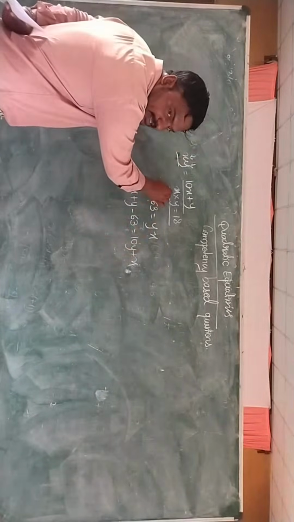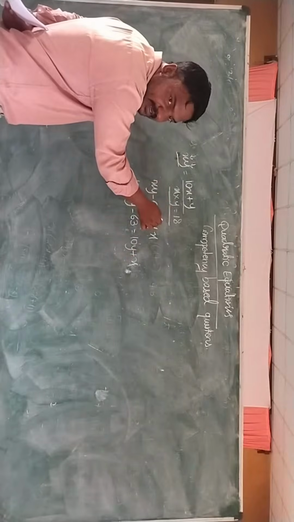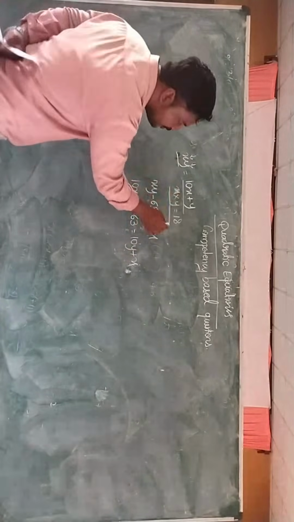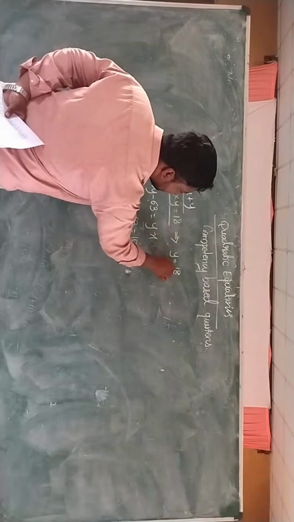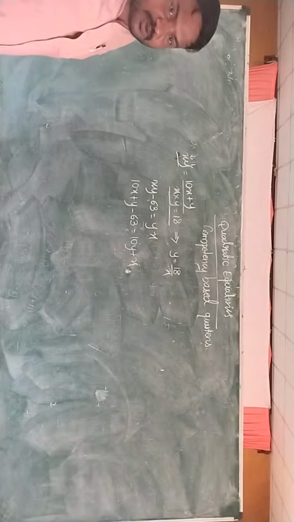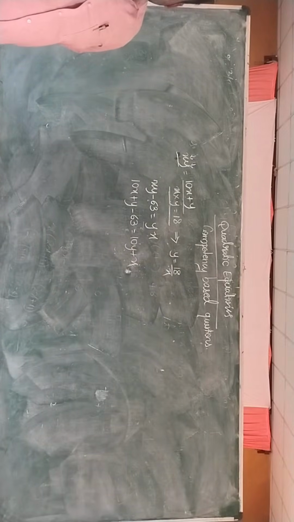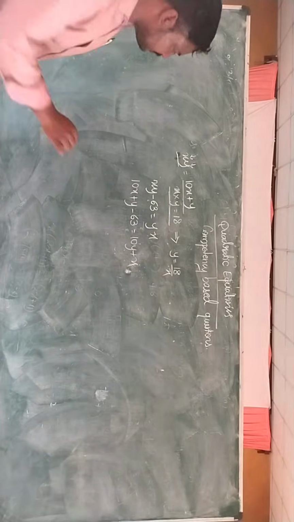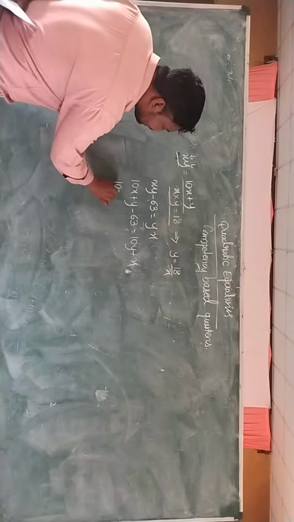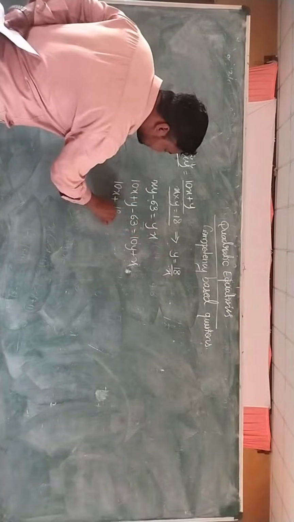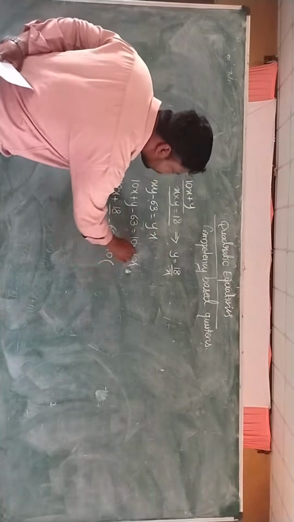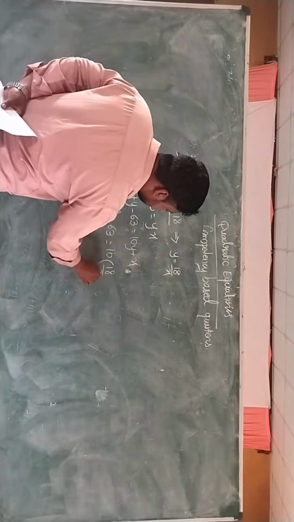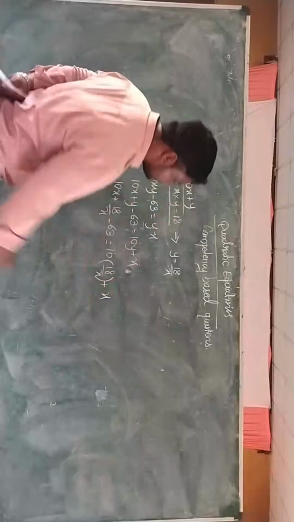See, from the relation x into y is equal to 18, you can write y is equal to 18 upon x. Are you getting me? Then only we will get the quadratic equation. So 10x plus 18 upon x minus 63 is equal to 10 into 18 upon x plus x.